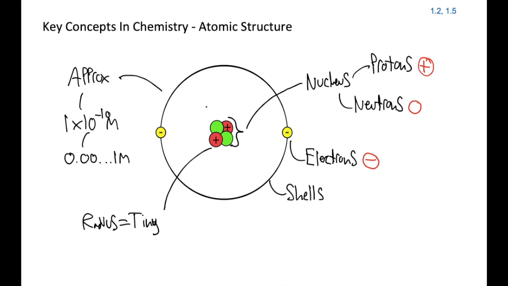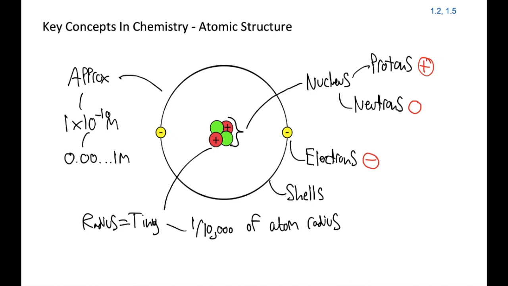In reality, the nucleus has a radius about 1 in 10,000 of the length of the whole atom's radius. In other words, if you were to multiply the approximate radius of the atom by 0.0001, this would give you the approximate radius of the nucleus.